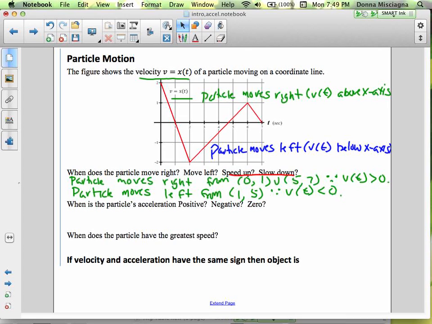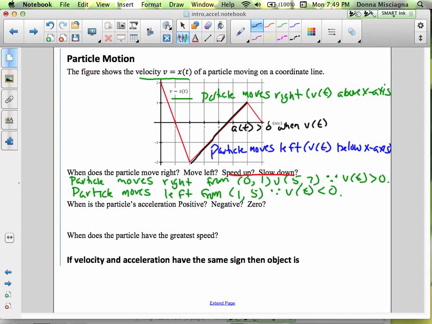Right. So now let's look carefully at the slope of our velocity equation. So notice right here, velocity has a positive slope, right? So a of t is going to be positive when v of t has a positive slope.